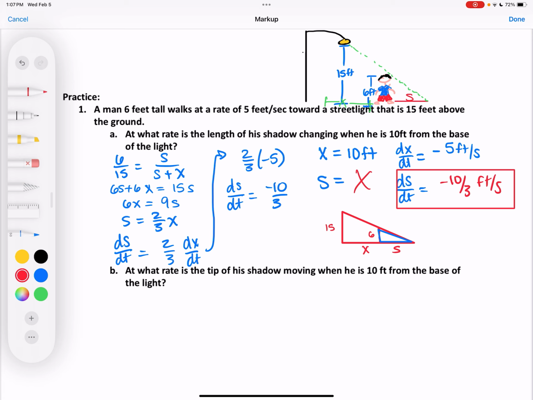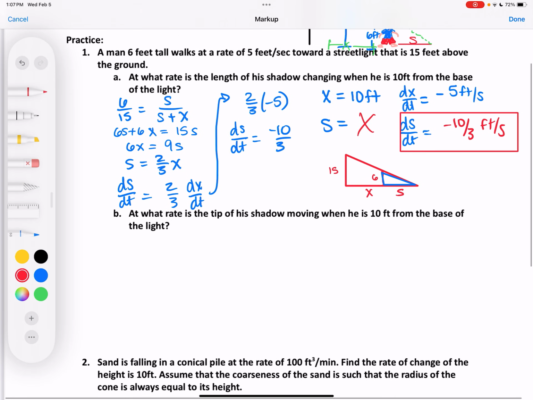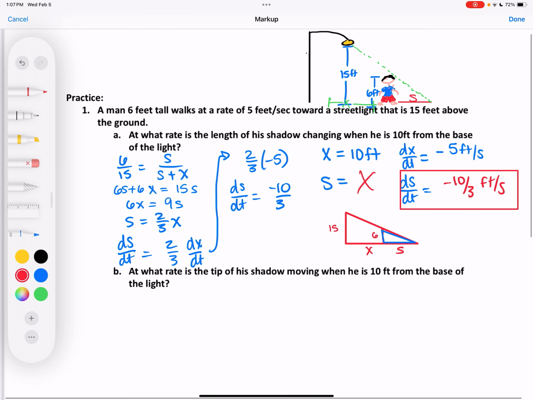All right, then part B says, don't want to lose my tall guy. At what rate is the tip of his shadow moving when he is 10 feet from the base of the light? What's the difference in this question and the previous one?